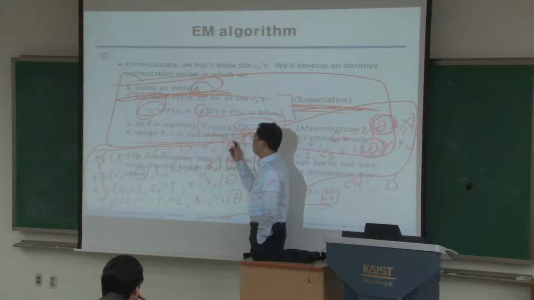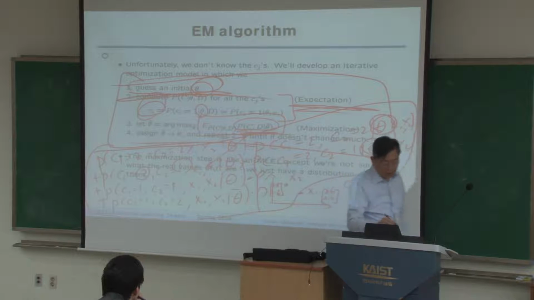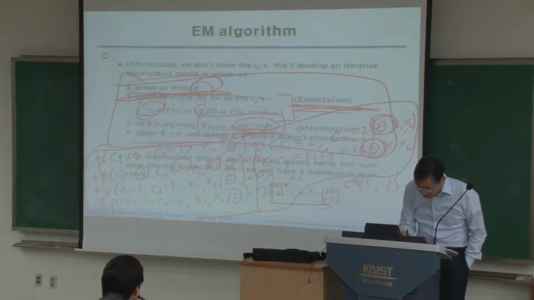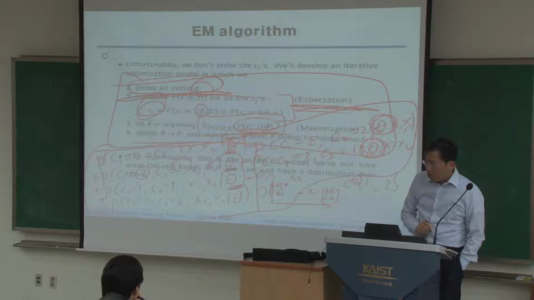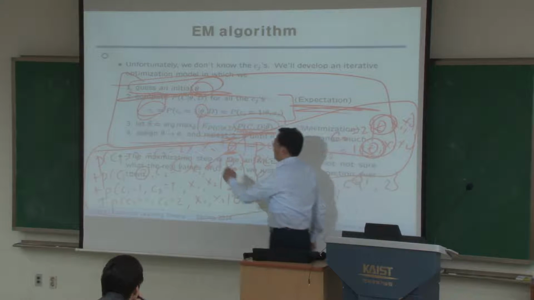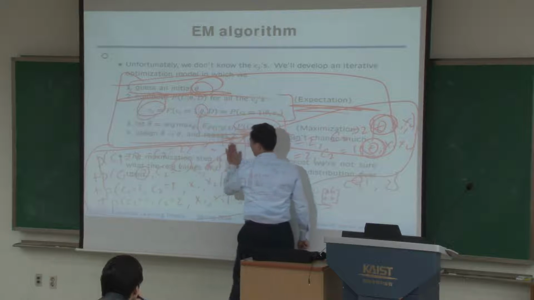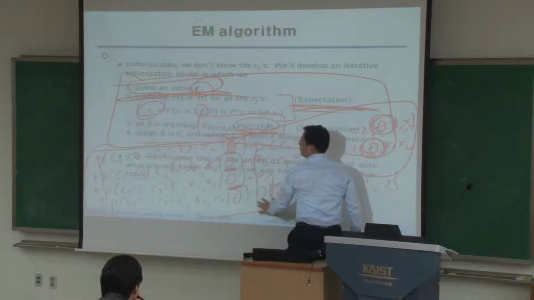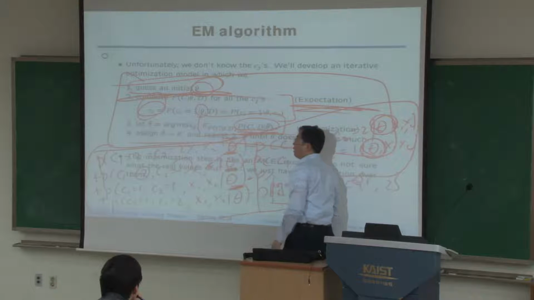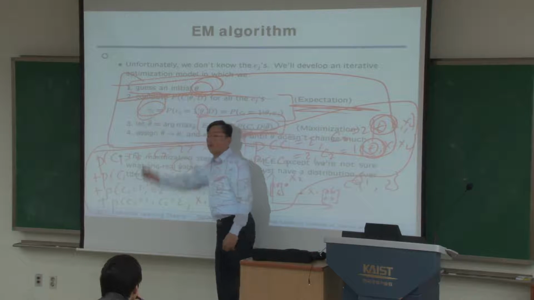This is the theta, this is theta bar. And what I do is I want to find a theta bar that would maximize this thing. Make that a function of theta.